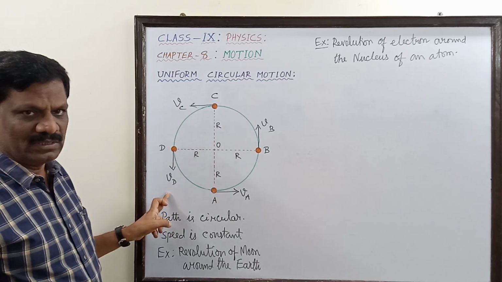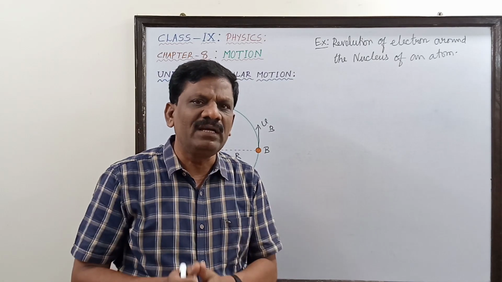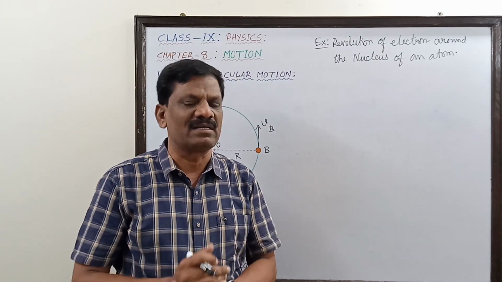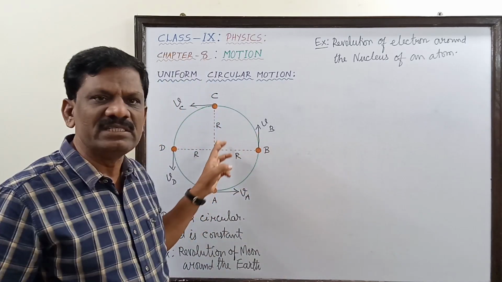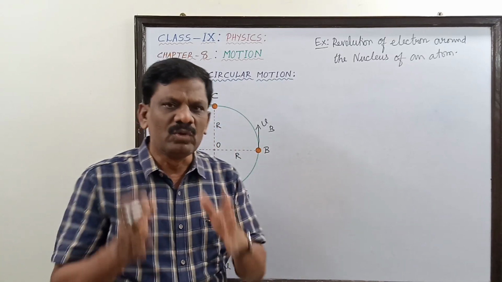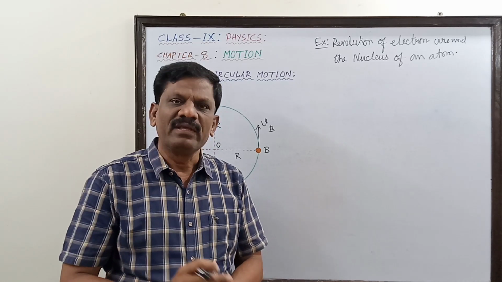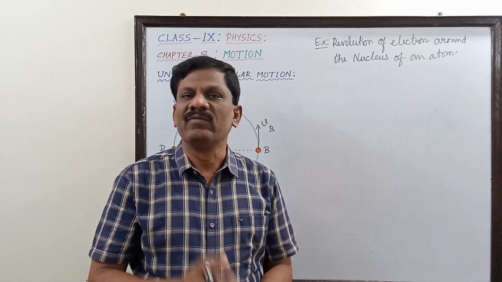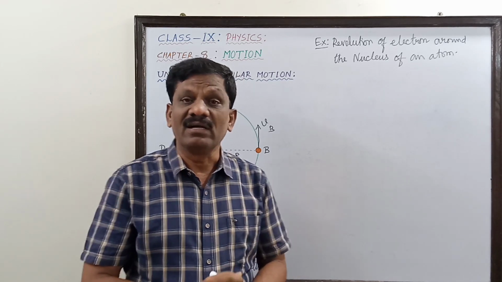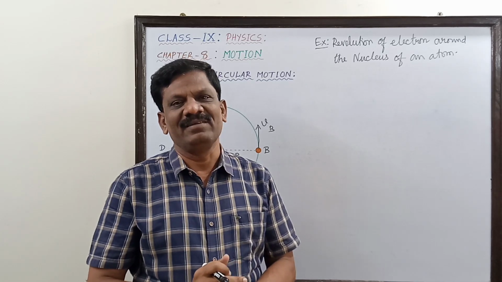the south. So even though the magnitude of the velocity, namely the speed, is constant, the direction of the velocity is continuously changing. That is why, how do we define uniform circular motion? It is a type of motion in which the particle or the body revolves in a circular path with constant speed and not with constant velocity.